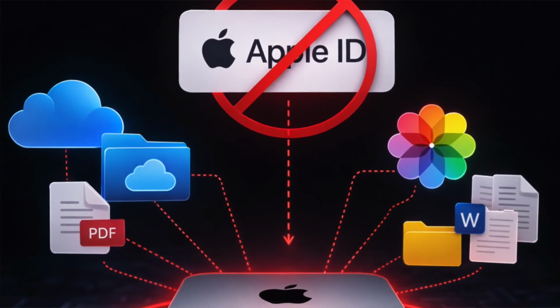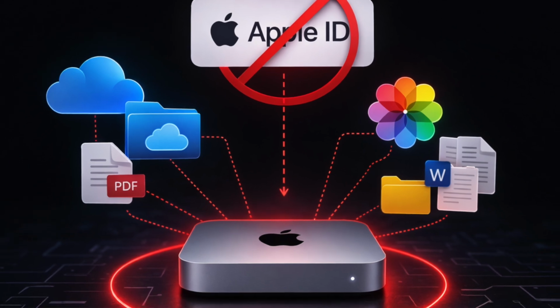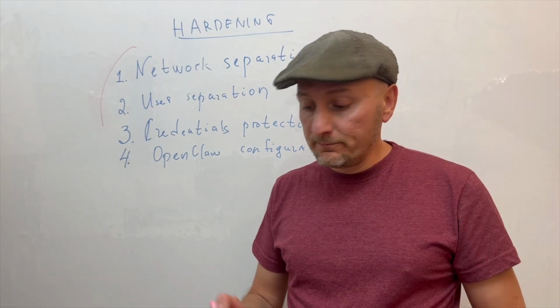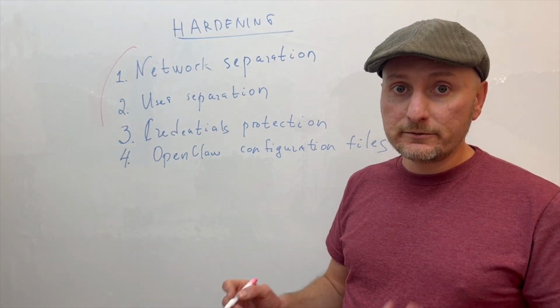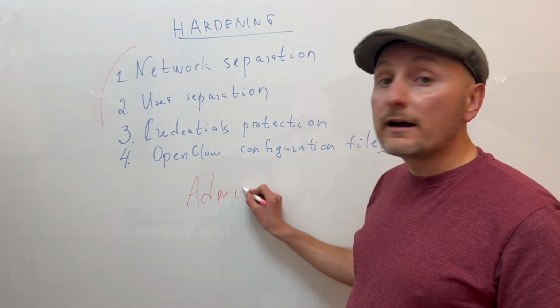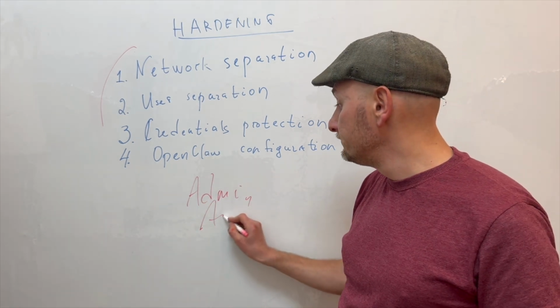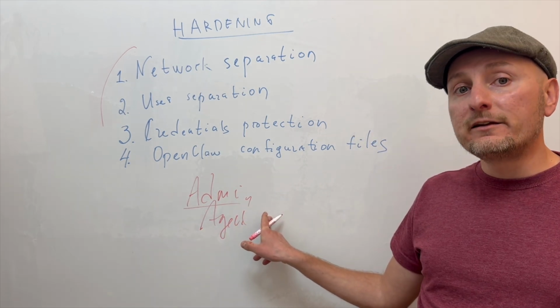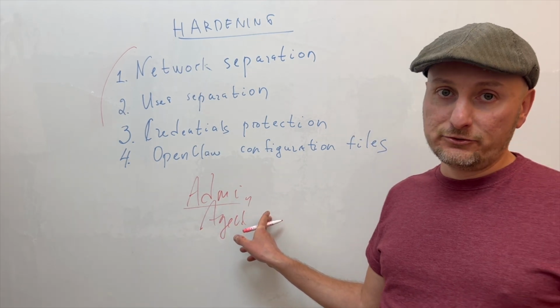So now let's talk about the user separation. On my setup on the Mac Mini, I have 2 users. I have an admin user, which is the main user, and I also have an agent user. So there are 2 users. Agent is not an admin user, it's basically a standard user.